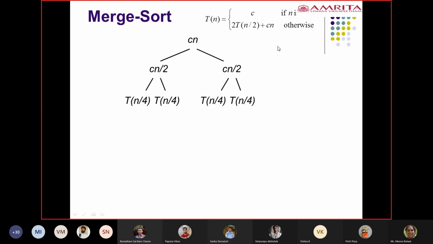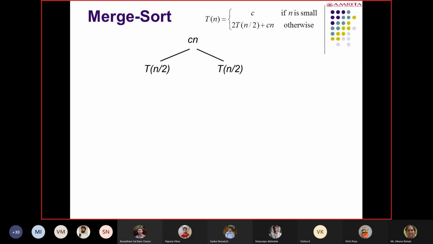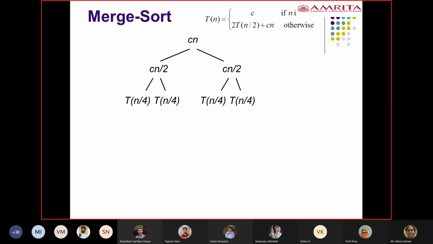Simple. If I replace, I get it like this. So Cn/2, Cn/2 gives me Cn, and I get T(n/4) four times. So I have Cn here, and T(n/2), T(n/2). This T(n/2) further can be written as 2T(n/4) plus Cn/2, right?